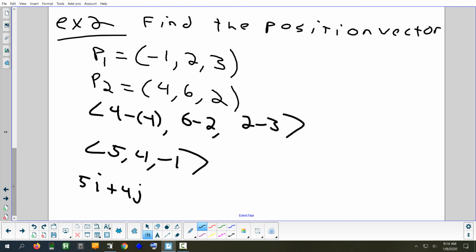Yep. Instead of saying plus -1K, I'm just going to put minus K, even though what you said was the same. Very good. Either answer is correct. If this was a short answer question on the test, I don't care which one you write. If it's multiple choice, then you're going to see one or the other.